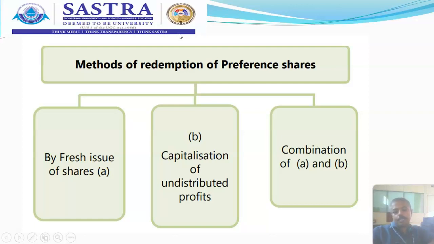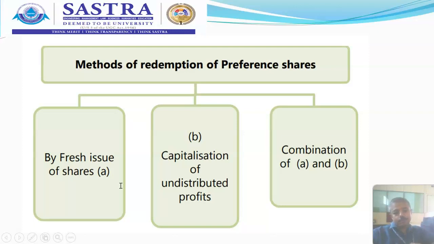For this, it requires that either a fresh issue of shares is made or distributable profits are retained or transferred to capital redemption reserve on time. The rationale behind these provisions is to protect the interest of outsiders to whom the amount is payable before the redemption of preference share capital.